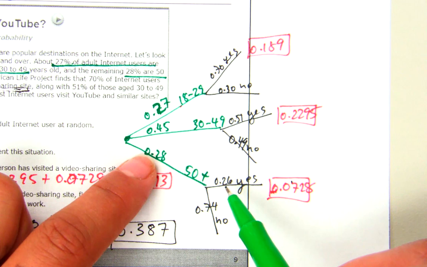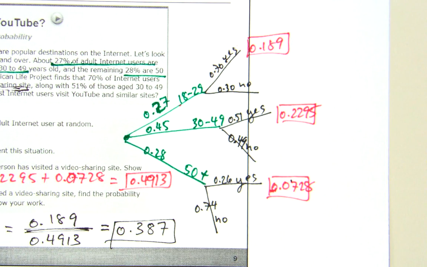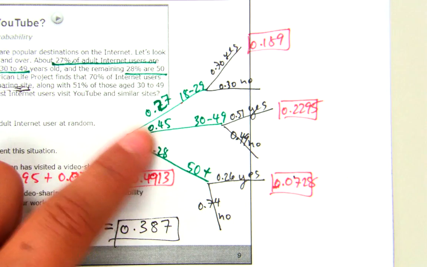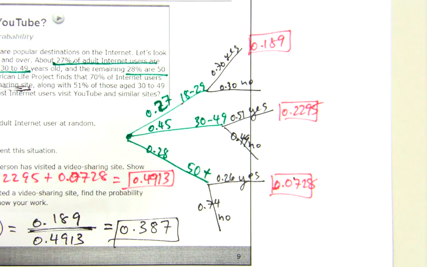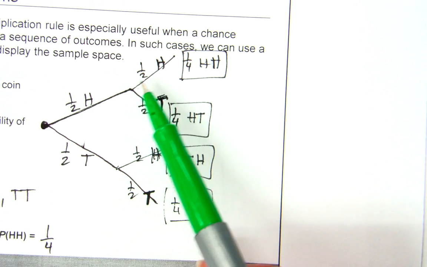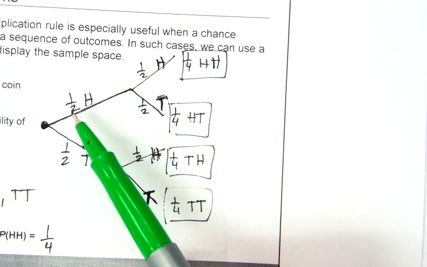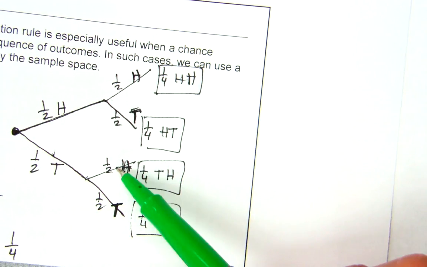So these events are not independent of each other, because one probability actually does affect the other. Knowing this probability does affect the actual probability of being on the internet site, as opposed to heads and heads, where getting a 1/2 on the second one is independent of getting 1/2 on the first one. You still have heads and heads.